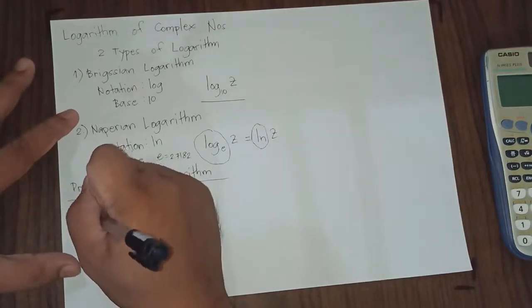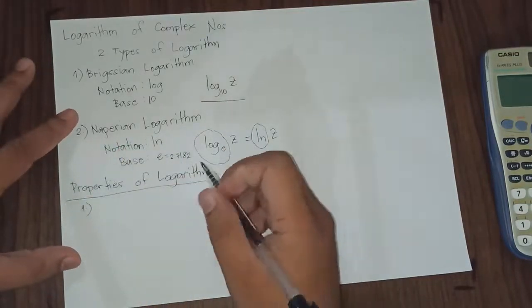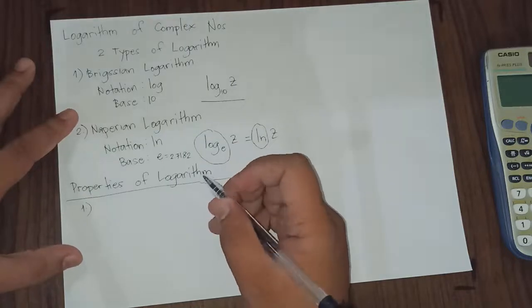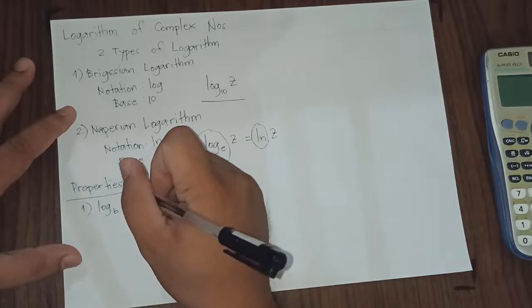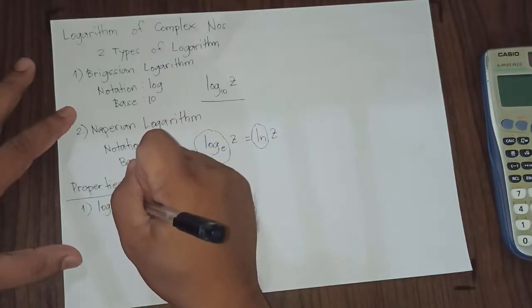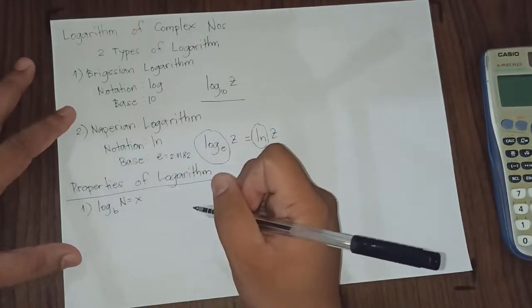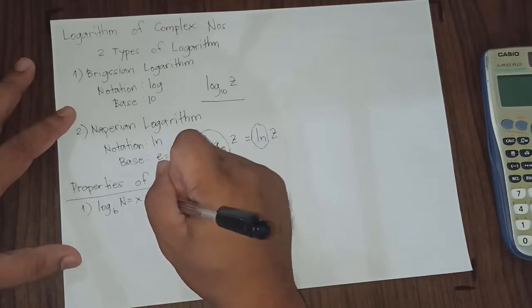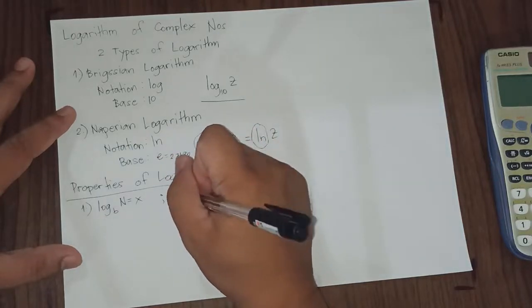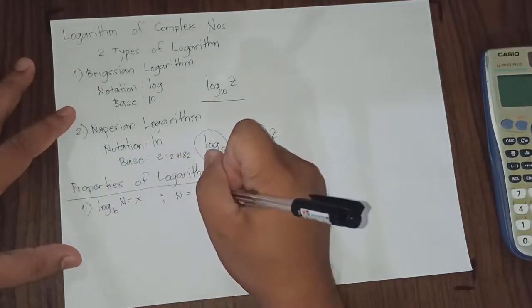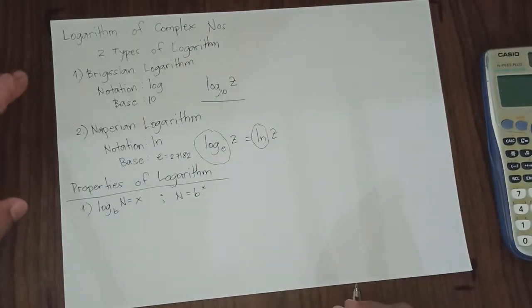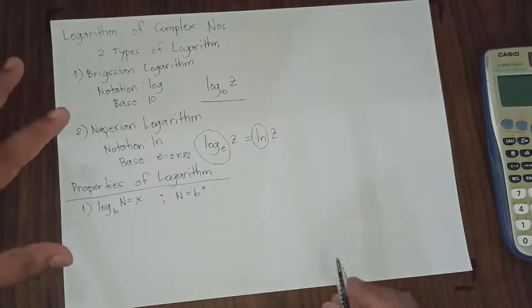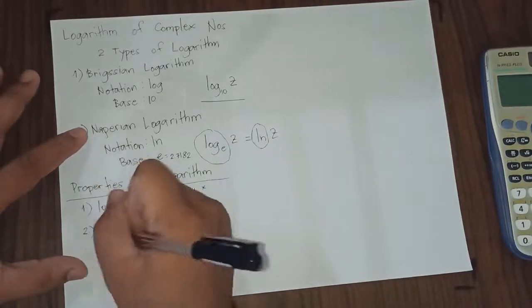Property 1. Okay. Log b to the base of b n is equal to x. Okay. Wherein n can also be written as n is equal to b raised to x. Number 2.